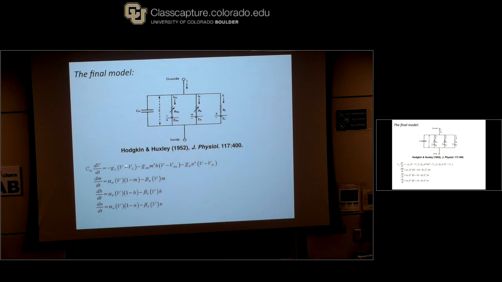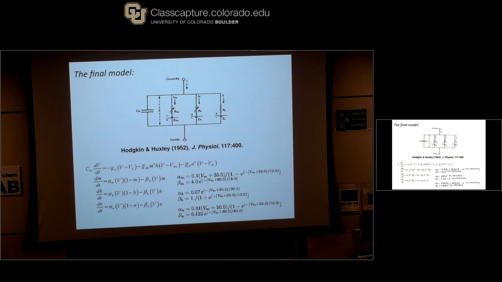And then you have these prefactors. There's a term here that's like the conductance of the sodium, and then you've got some time-dependent factors. These have their own differential equations. So this little m here, there's a dm/dt, h, there's a dh/dt, n, there's a dn/dt. And these look rather complicated.